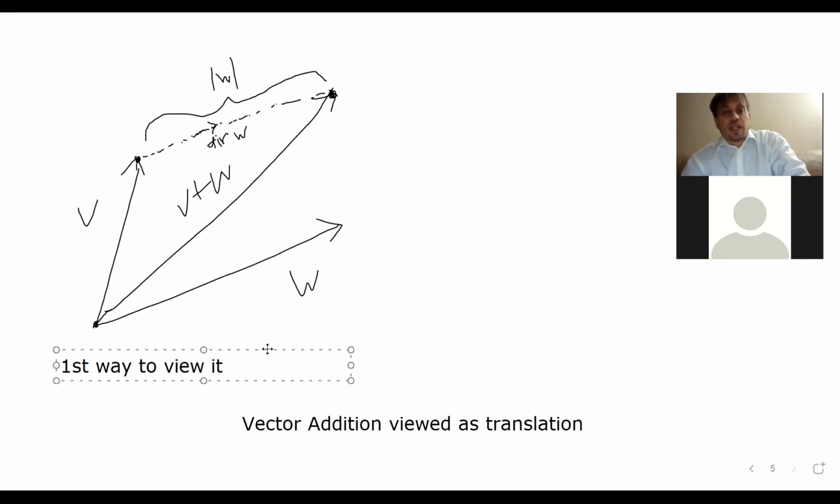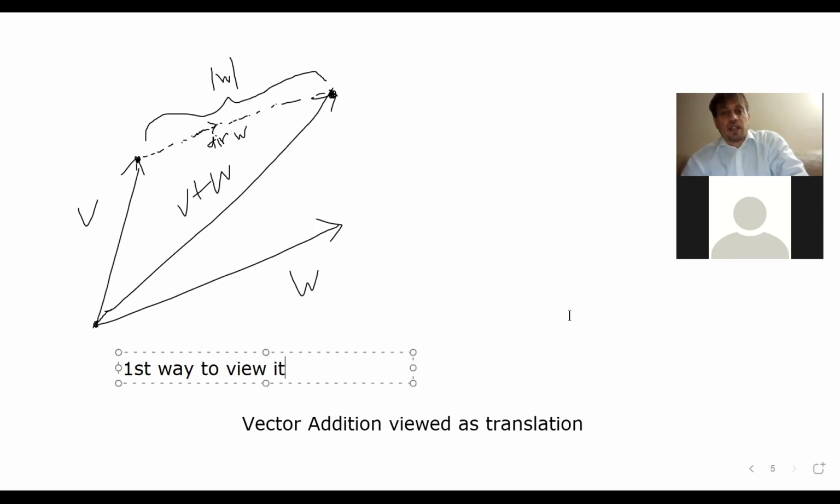There's two ways. This is the first way: you move along V first, and you take the terminal point of V, and you move it in the direction of W, the length of W, to get to the terminal point of V plus W.